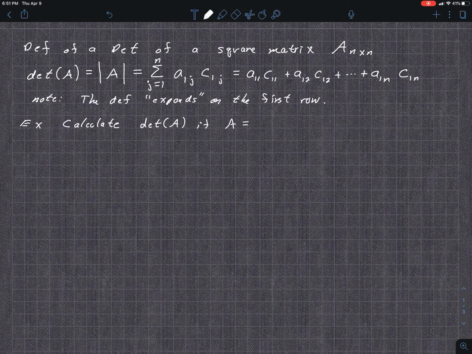So calculate the determinant of A if A is equal to negative 3, 0, 0, which will help a lot, 7, 11, 0, 1, 2, 2. All right, okay, call that a matrix right now.